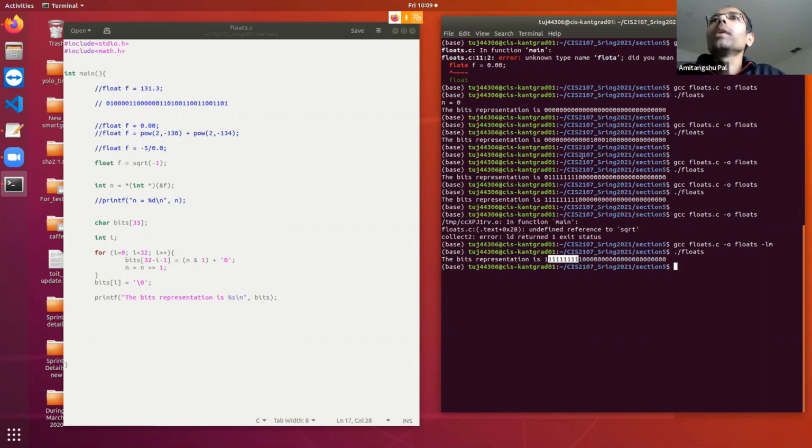Unlike the plus infinity or minus infinity case, not all the mantissa bits are zeros. So if the mantissa bits are non-zero and all the exponent bits are 1, then it represents the case of not a number. Whatever we have written in the notepad is getting reflected in the program output also.